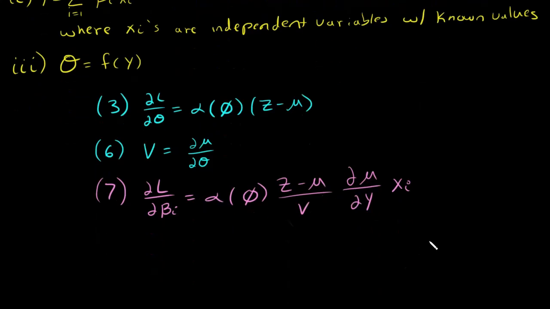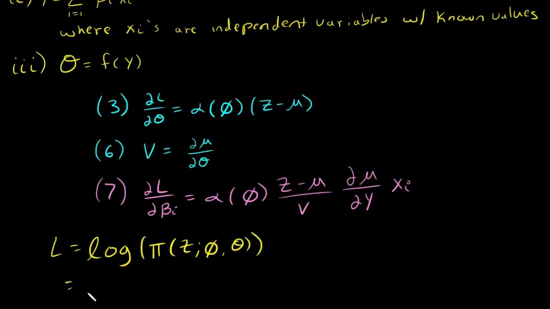Okay? So, just as a reminder, L is the log likelihood function. So the log of our density function for Z. Okay? Which would be the log of the exponential family, right? Oops, I wrote alpha theta. Alpha phi.